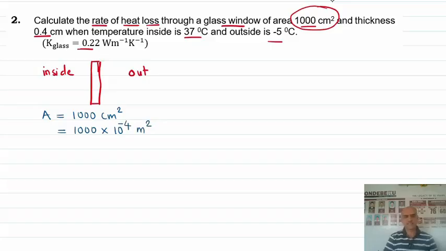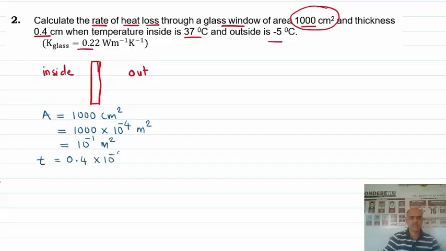Removing the zeros, you get 10 raised to minus 1 meter square as the area. The thickness of the window is 0.4 centimeters, so 0.4 into 10 raised to minus 2 meters, or 4 into 10 raised to minus 3 meters.